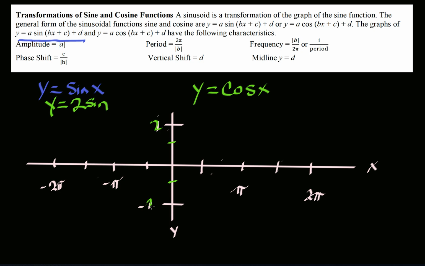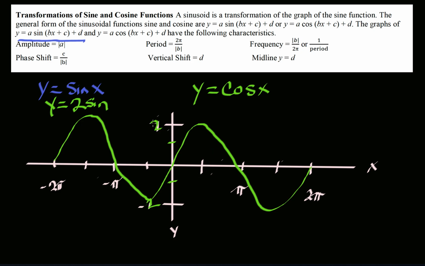But it hasn't changed anything else, so it would still go up here, come back through here, get way down here, cross back up this way. Same idea, way down there and come back here. So it's very much the same. So A is very simple to understand.